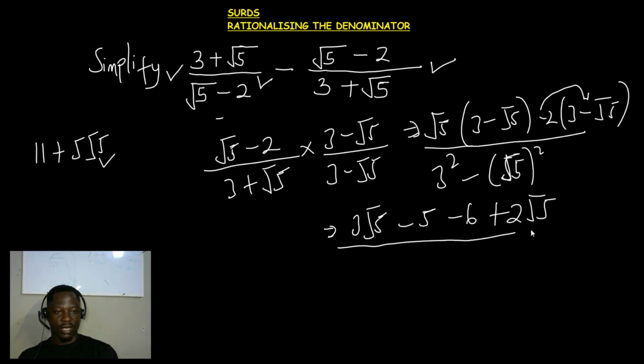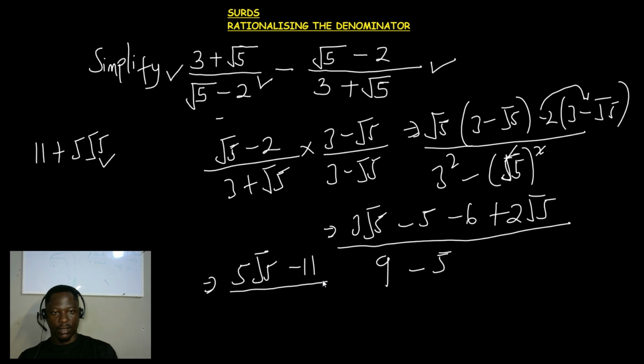In the denominator, 3 squared is 9 minus 5. So finally we're going to have 3 root 5 plus 2 root 5, which is 5 root 5, minus 11, and 9 minus 5 is 4. So when we rationalize, we got 5 root 5 minus 11 all over 4.